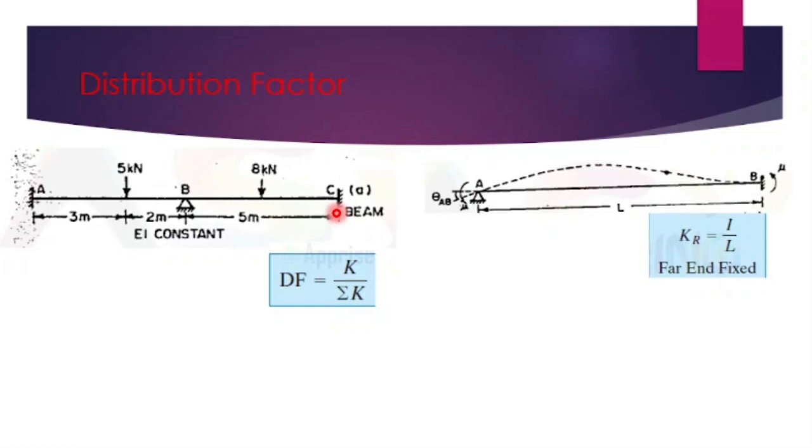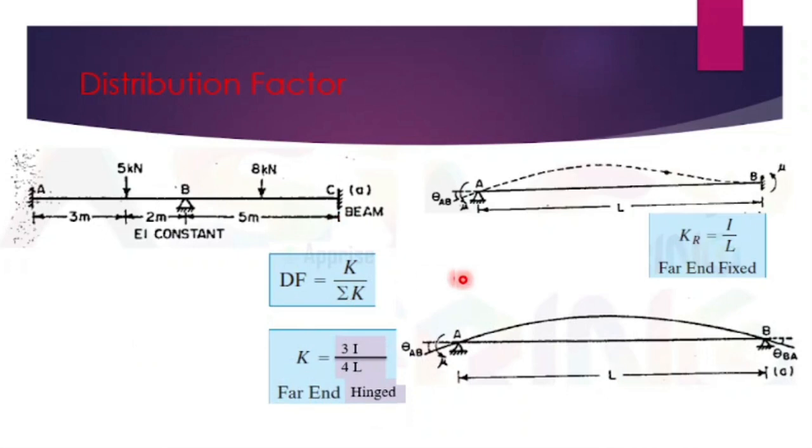Hence I have to use what formula? I by L only. So you don't have to use 3 by 4 I by L. This case will only be there when opposite end is hinged. Now if you are considering the point B, both the ends are fixed. Hence you will be using I by L.